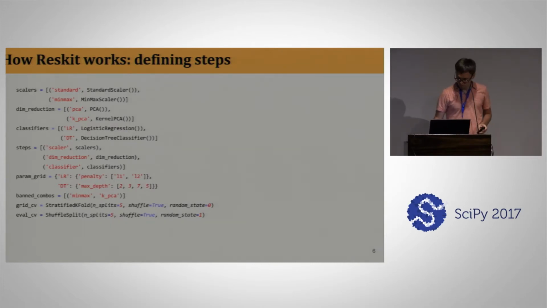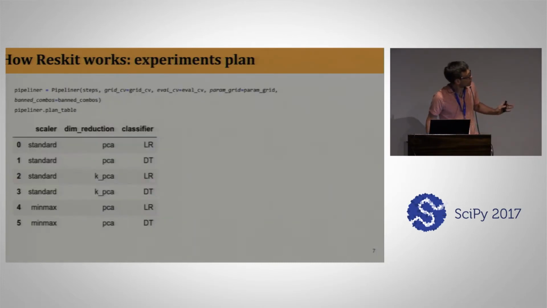Once we define it, we have an object in Reskit called Pipeliner, which is a generalization of scikit-learn pipelines. It has a steps parameter, a grid CV parameter, which is a grid search object, an eval CV parameter, which is an evaluation object, and also a parameter grid for grid search, and it has banned combinations, that is, forbidden combinations.